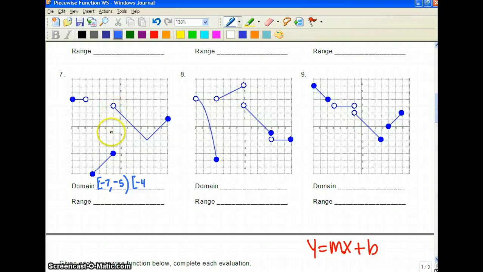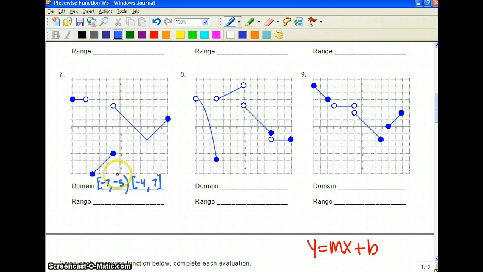So I don't want to stop like I did here and start over, because I'm really just continuing. I'm just continuing up here. So I'm using 0 and 1 and 2 and 3 and 4 and 5 and 6 all the way to 7. And it's closed, so it'll get a bracket. So you only stop your bracket or parenthesis if you have to jump over a section that's not used.